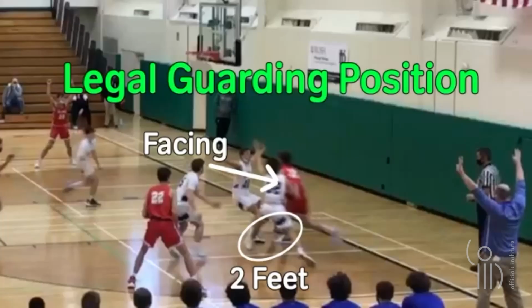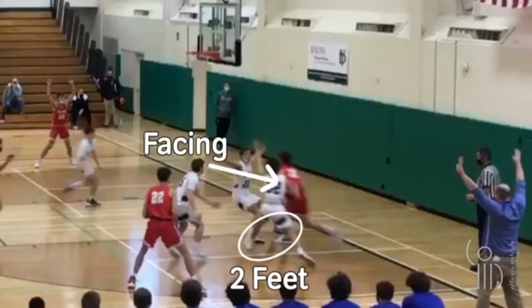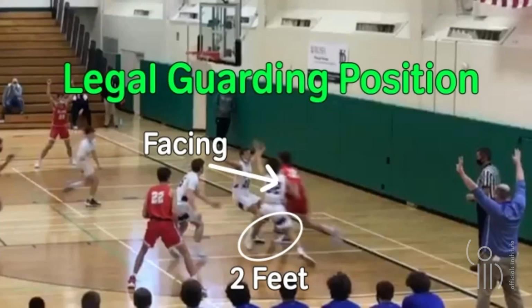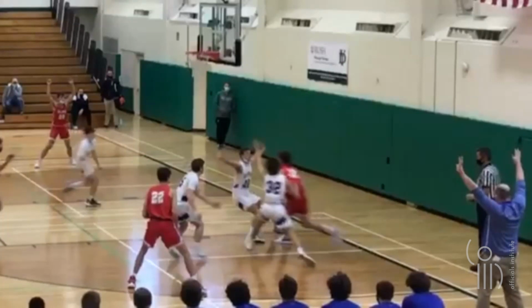All right, so he has a legal guarding position right here, right? Yep. And as you can see, the dribbler is still not airborne. He's got that foot on the ground. Do we see that foot? Because we do need to be aware as to whether or not the shooter or the ball handler has gone airborne, because then that changes the stipulations.